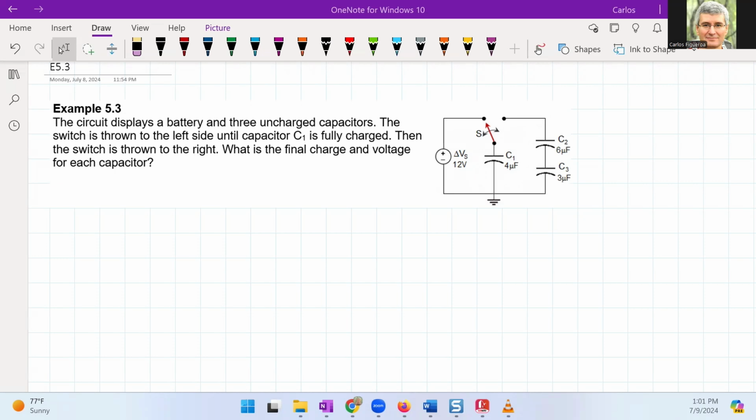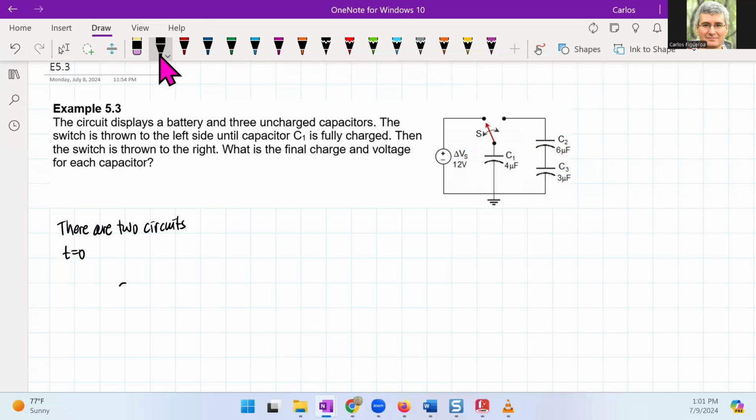So what we're seeing here is that there are two circuits. I'm going to say that at t equal to 0, we have a circuit that only contains C1.